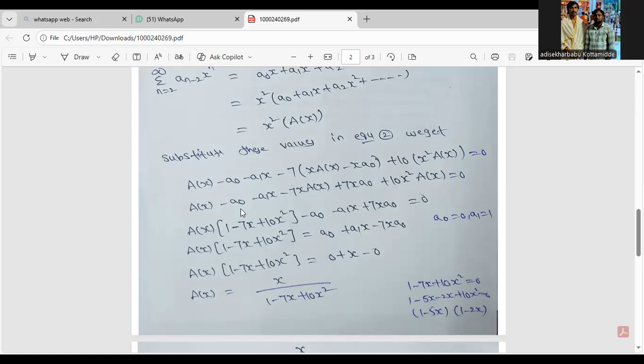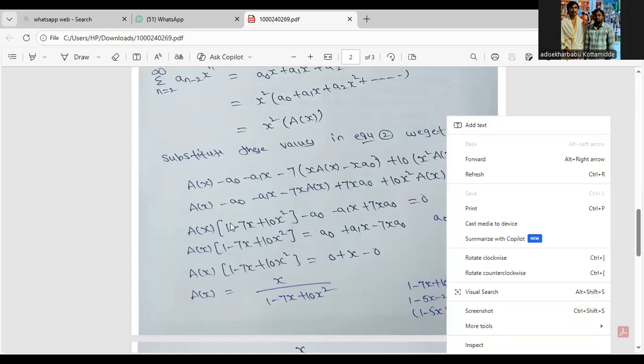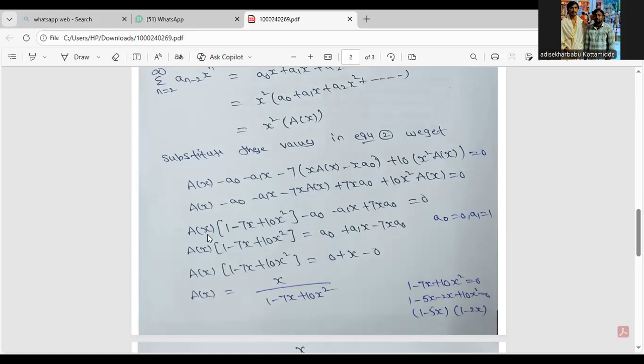A of x minus a naught minus a1 x, minus 7 x A of x plus 7 x a naught plus 10 x squared A of x equal to 0. Here A of x is common in the terms: A of x into 1 minus 7x plus 10x squared, minus a naught minus a1 x plus 7x a naught equal to 0.